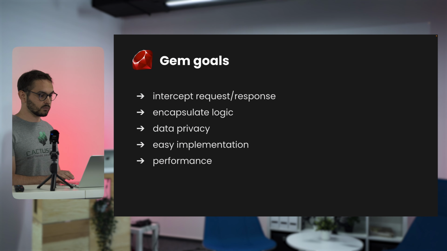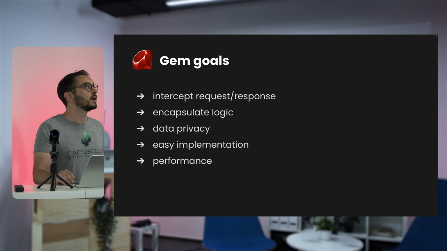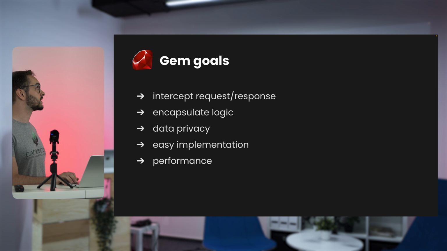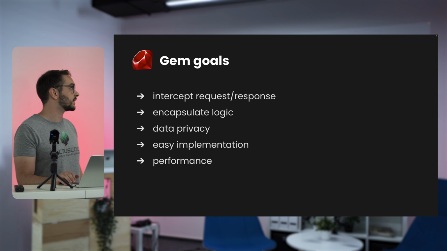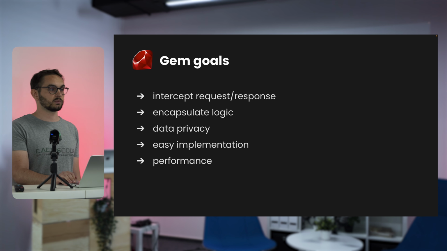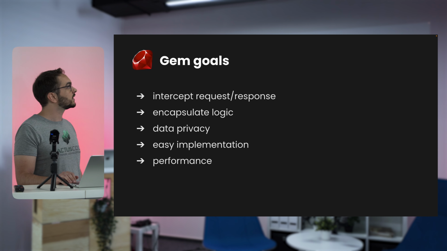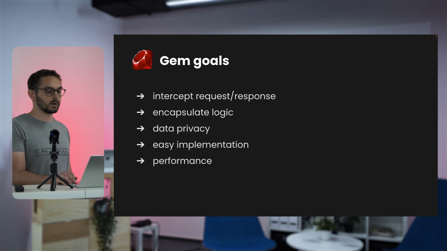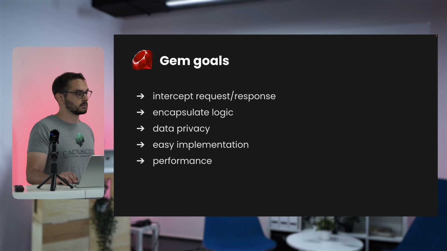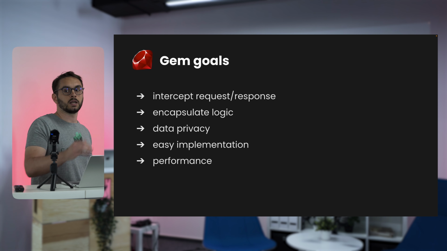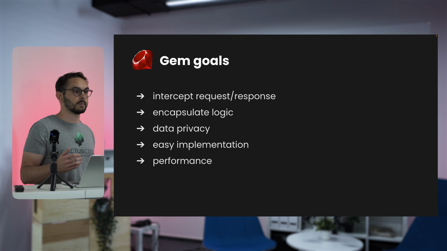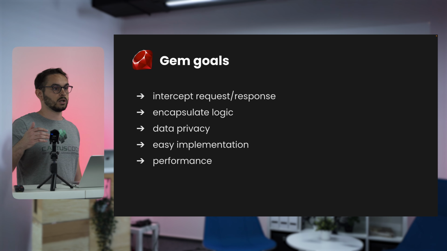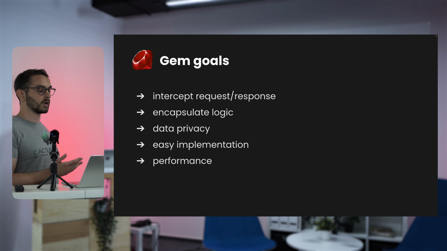So when we started working on a gem, we had a few requirements and goals. It's quite simple what we want to do: enable Treblle toolsets in our application. It's basically this: intercept the request that's coming into the application, log the data, send it to Treblle.